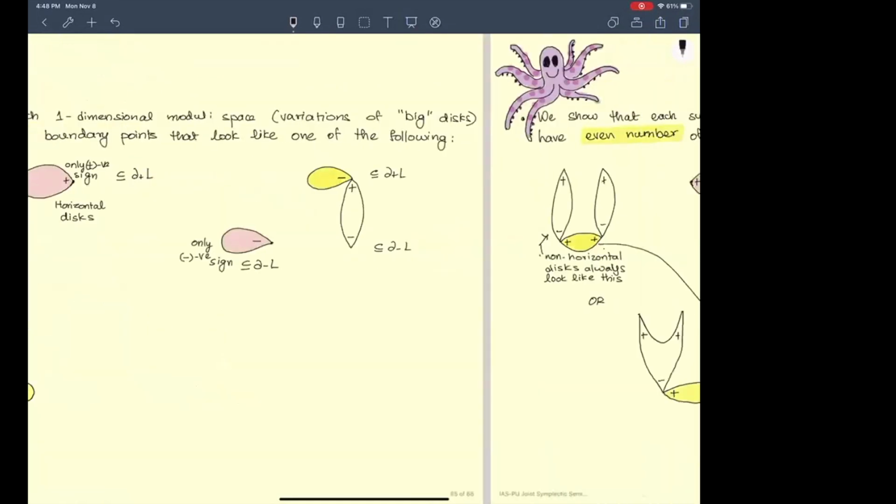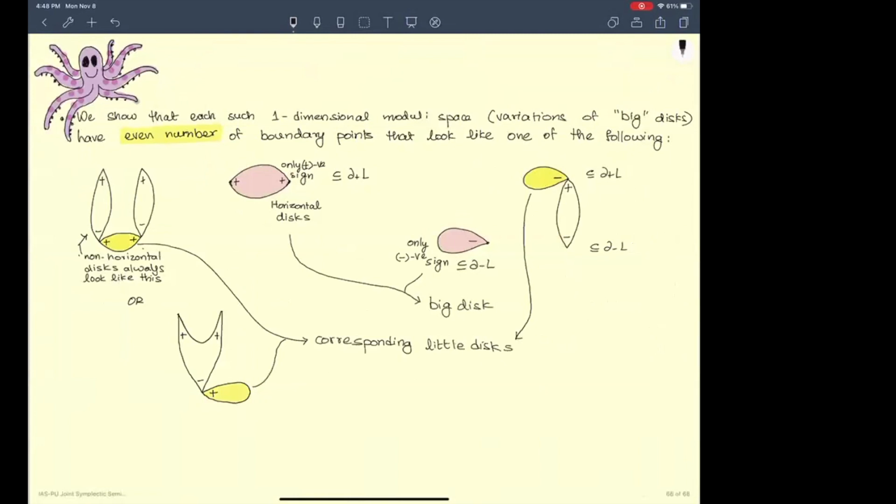The big disks were the ones that came on their own, the horizontal disks and corresponding ones. So that one could break into this thing or this thing. That will give you candidates for your little disks.